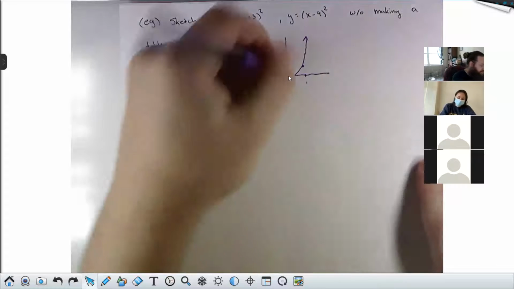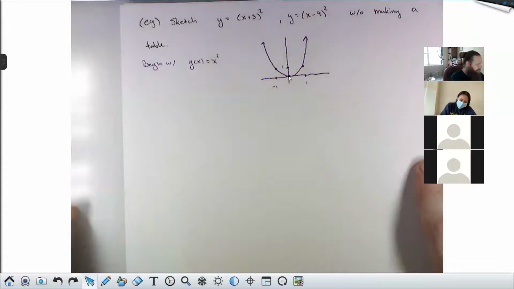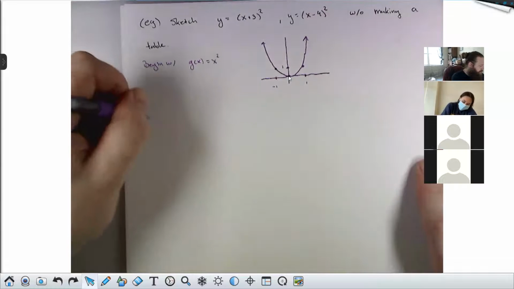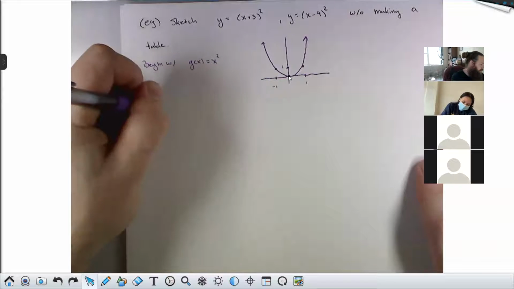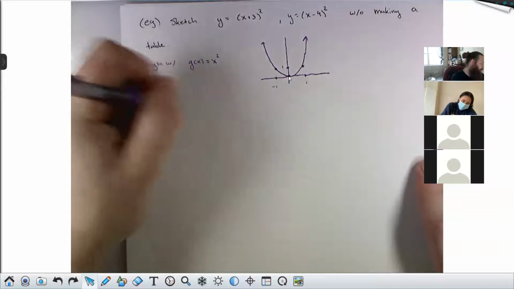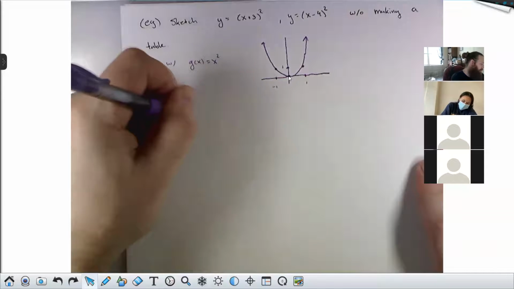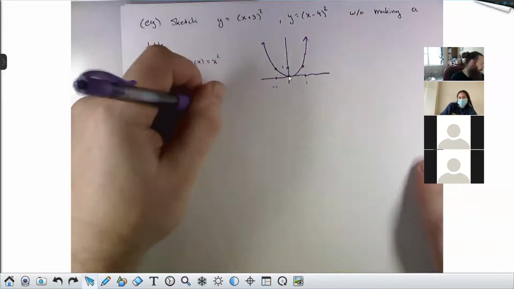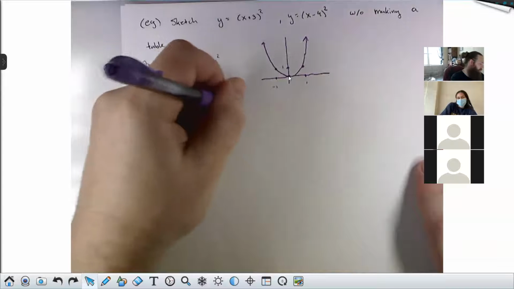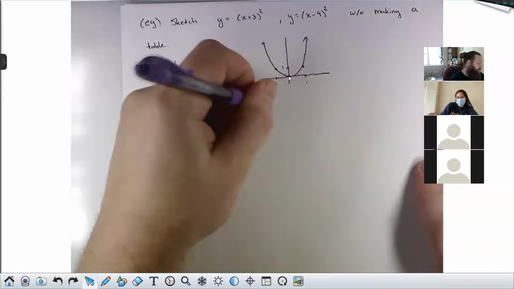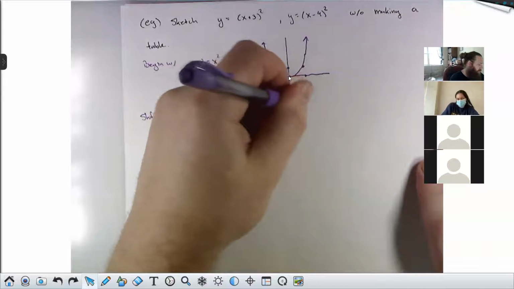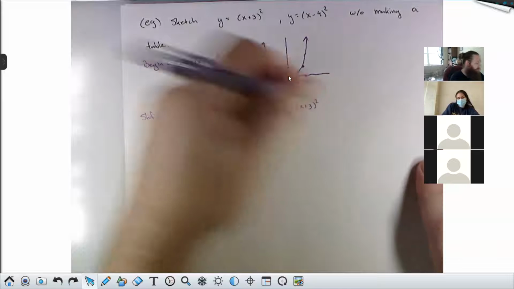Yeah, that's exactly correct. So we're going to shift g of x left by 3 units to get y equals (x plus 3) squared.